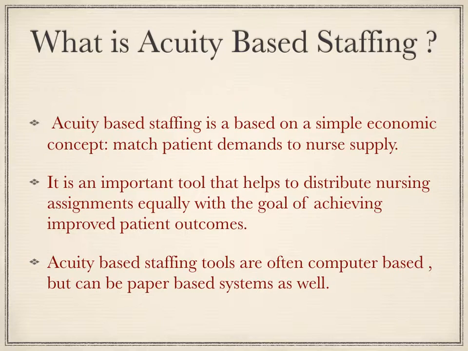Paper-based systems use more simplistic information to create various tools geared towards the same goal of determining the most appropriate distribution of nursing assignments based on patient predicted care needs during a 12-hour period. However, paper-based systems can oftentimes be related to nursing opinions rather than actual patient data.